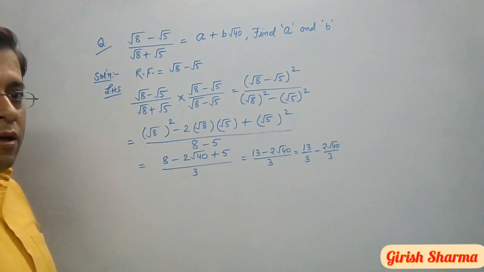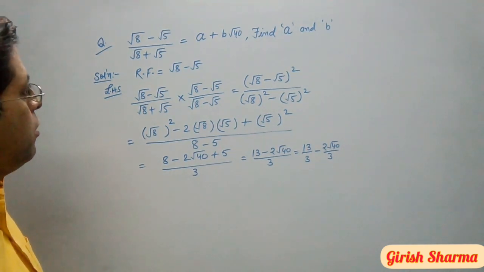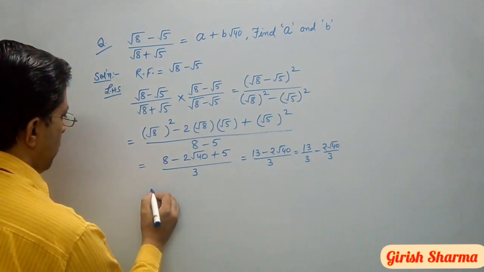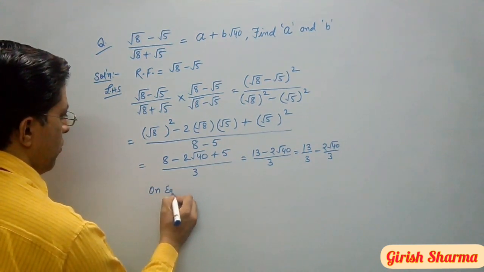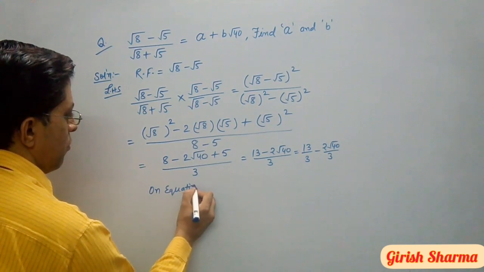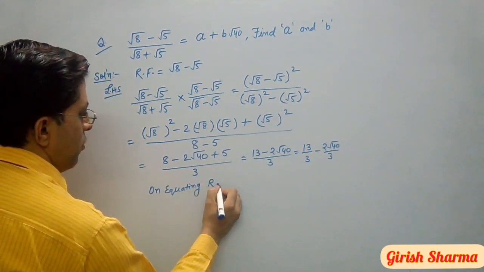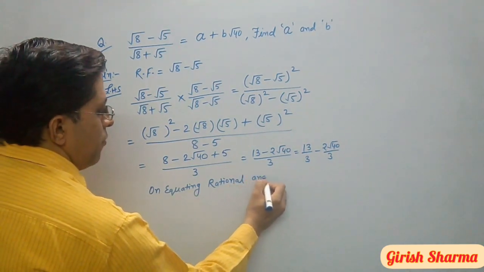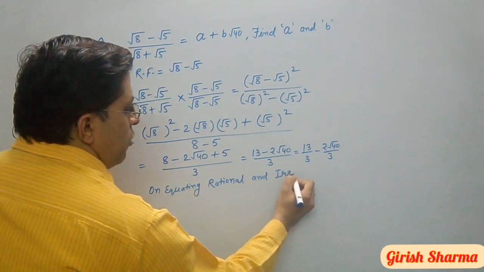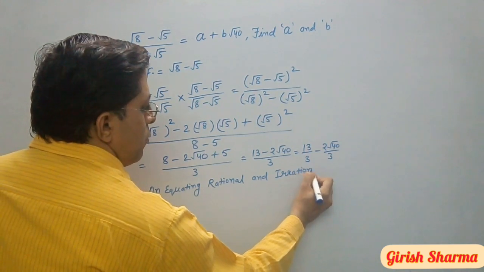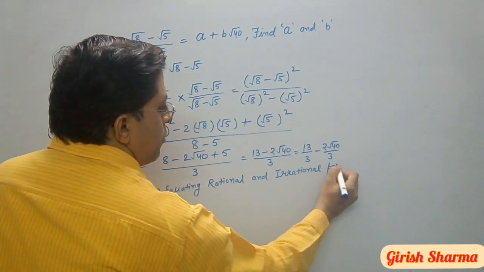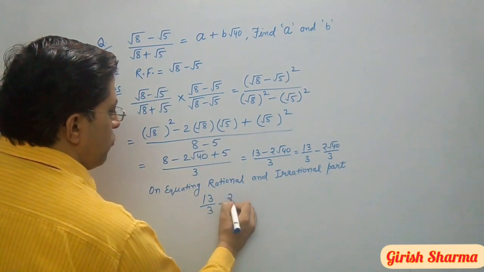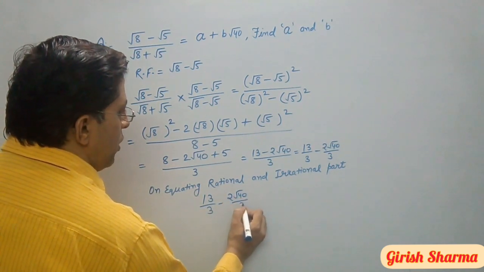Now comparing, on equating the rational and irrational parts. What is given? 13 upon 3 minus 2 root 40 upon 3.